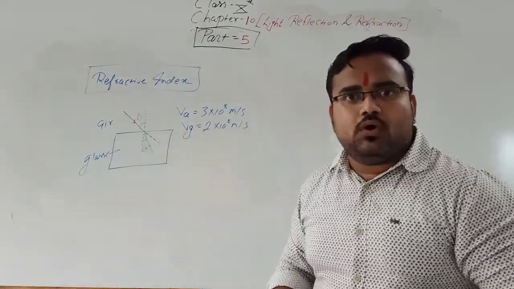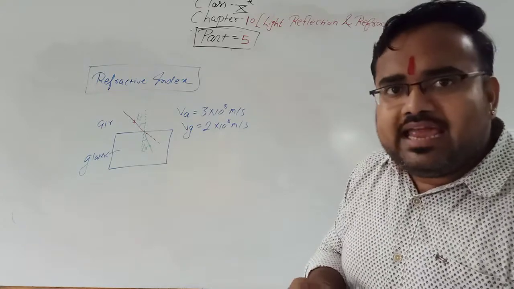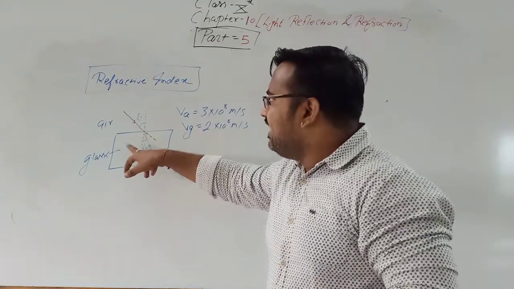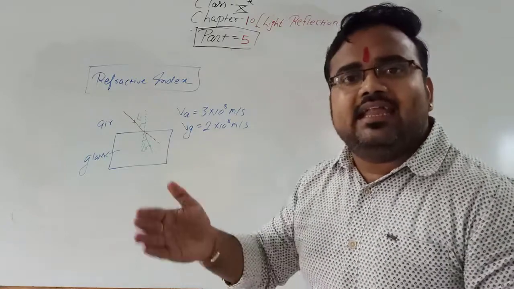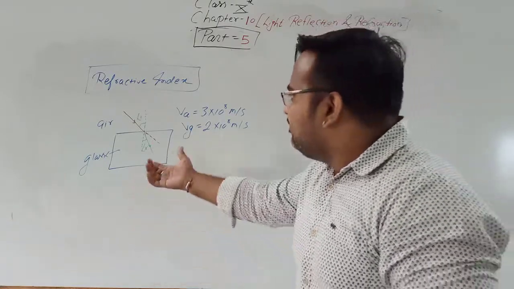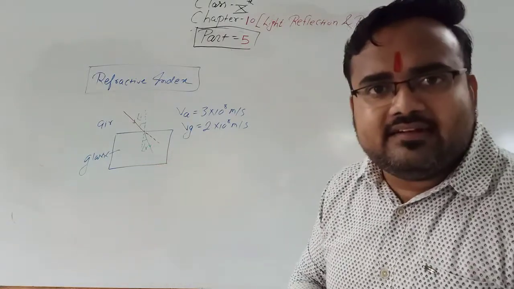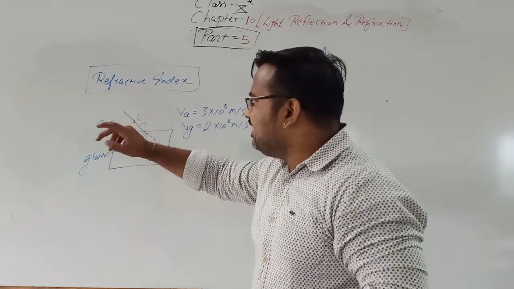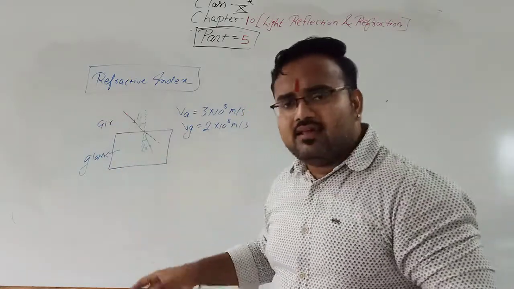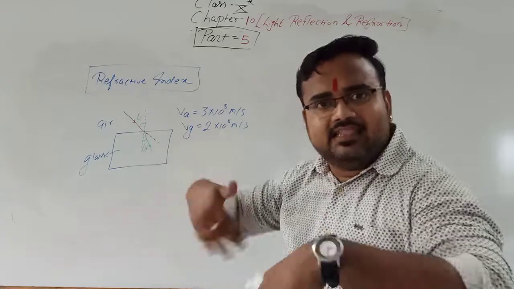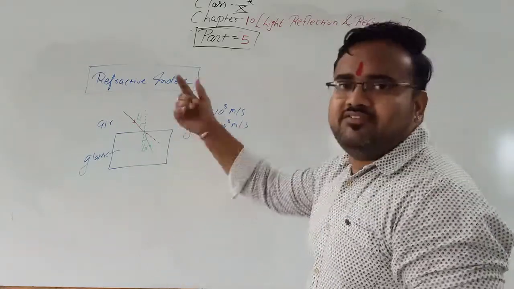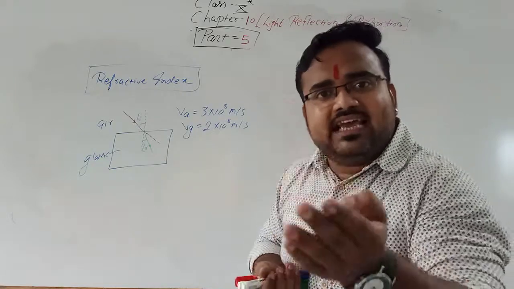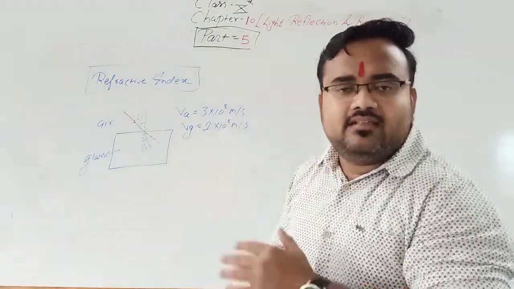No, because the velocity of light will change according to the density of the material in which it enters. Here the light has entered from air to glass, and suppose I take another type of glass which has more density, then the velocity will change.